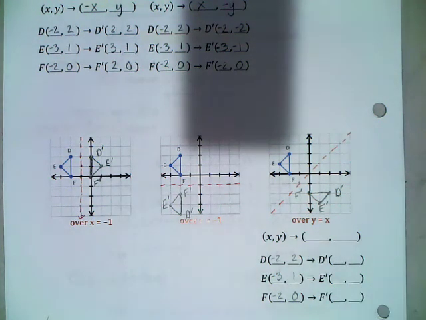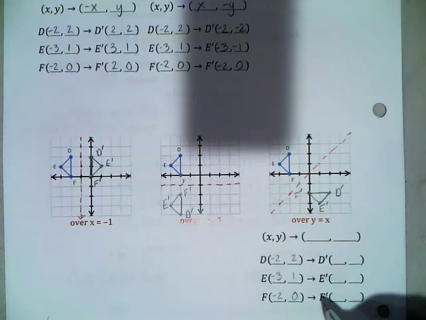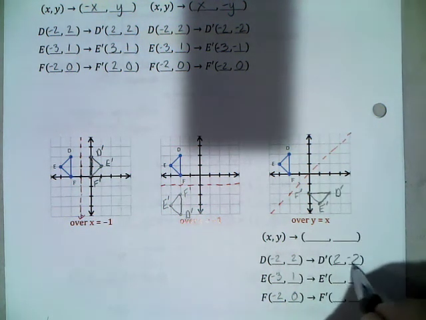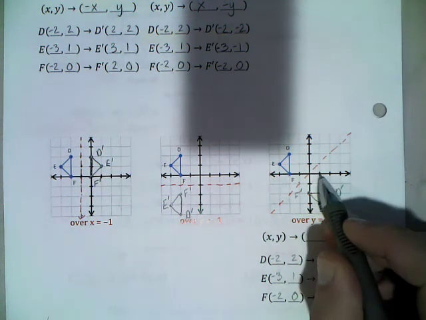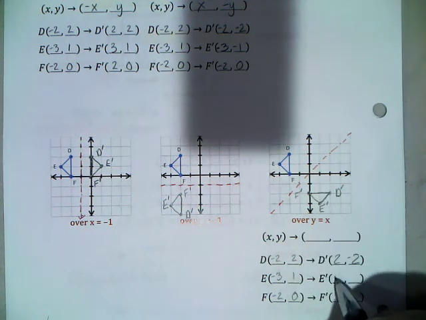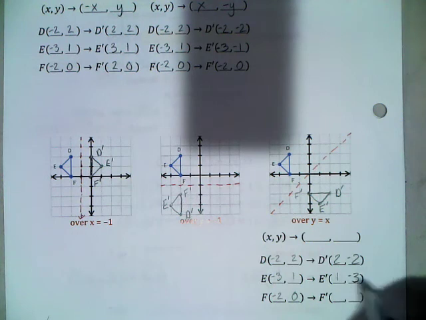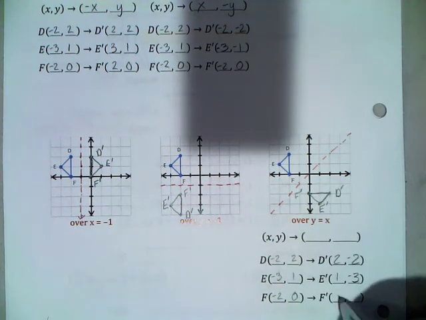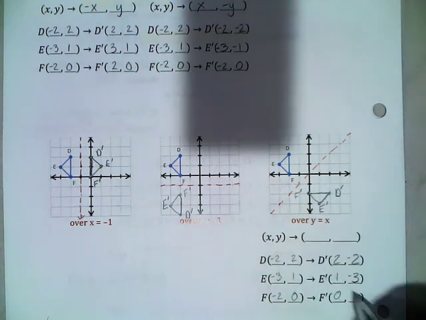Now if we look at the coordinates for this, D is at 2 to the right and 2 down. So 2 right, 2 down. E is at 1 right, but 3 down. So 1 right, 3 down. And then finally, F prime is not going left or right, it just goes down 2.